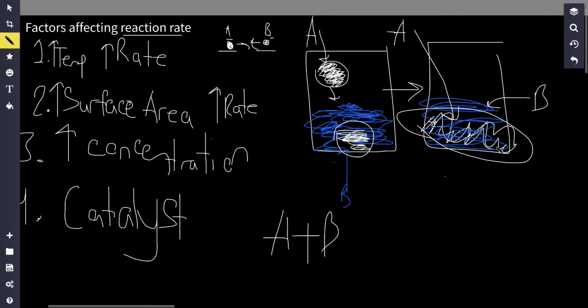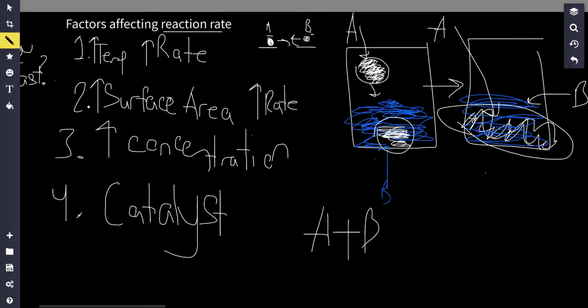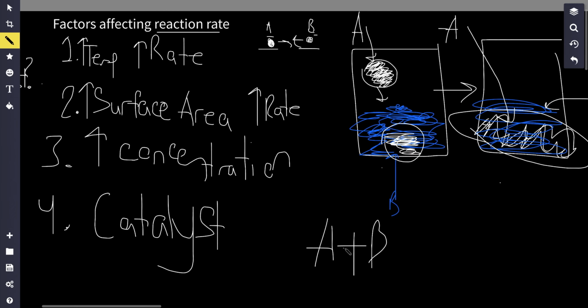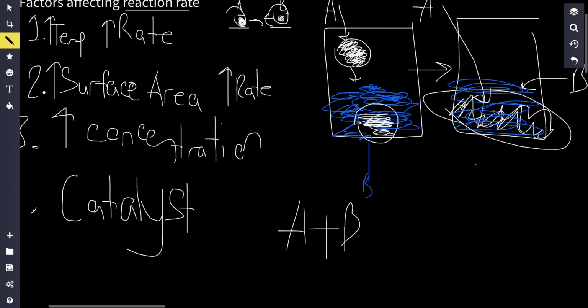It can be anywhere in this location right over here. And this is going to connect to collision theory, which I made a video on. But essentially, in order for particles to react, they have to hit each other. If you have a higher surface area, there's going to be a higher chance that the particles hit each other.